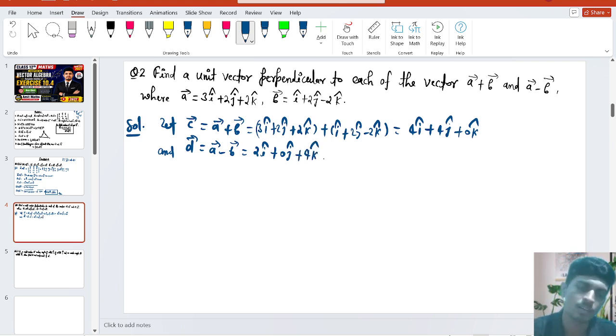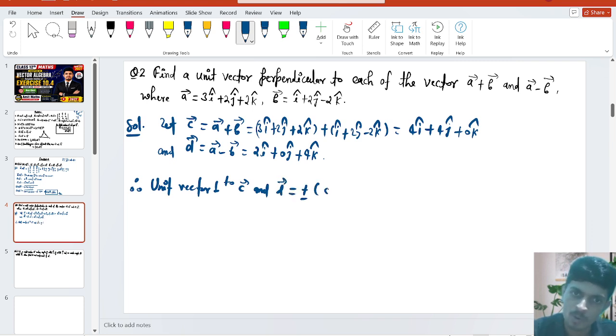Okay, and we need to find the unit vector perpendicular to vector C, and this is vector C and this is vector D. So therefore the unit vector perpendicular to vector C, where vector C is vector A plus B, and vector D is vector A minus vector B.